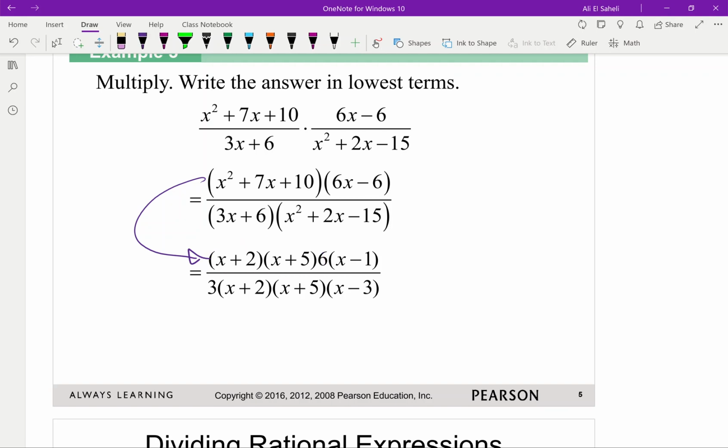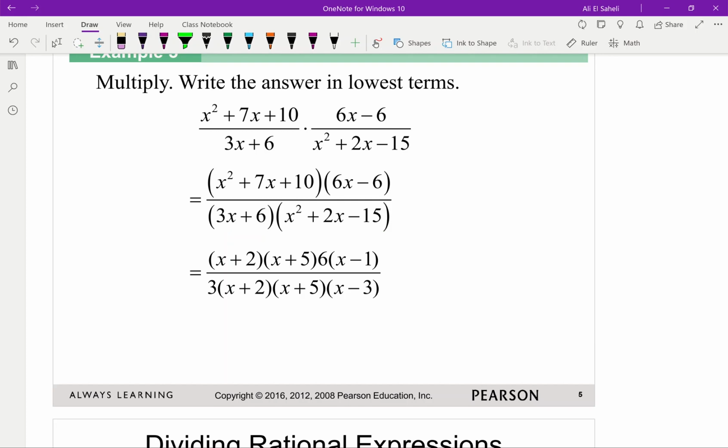This. Now, this one can be factored by taking 6 out. Okay, 6 times x, 6 times minus 1. So you have this. Again, here you can take 3 out. So you have 3x, which is this, 6, which is this. And again, here you can factor this out.